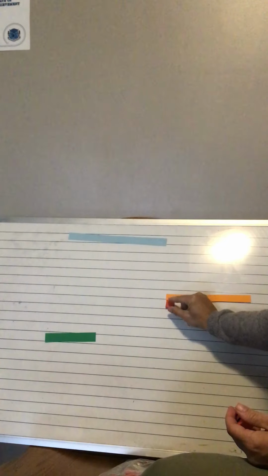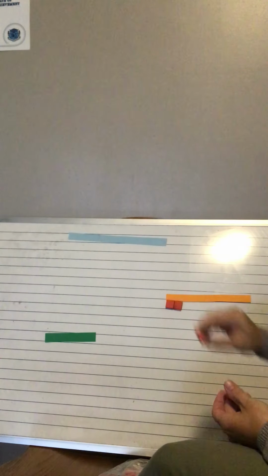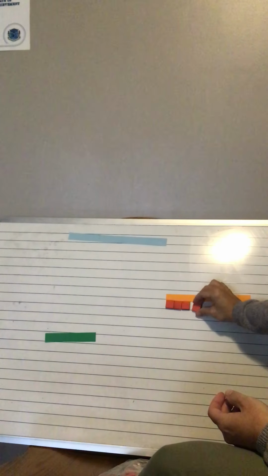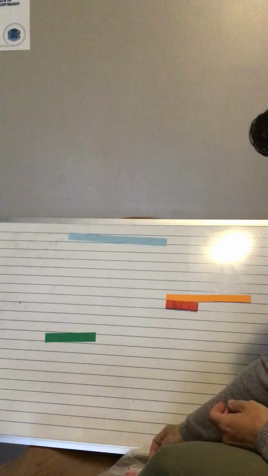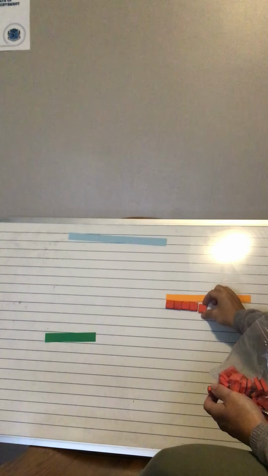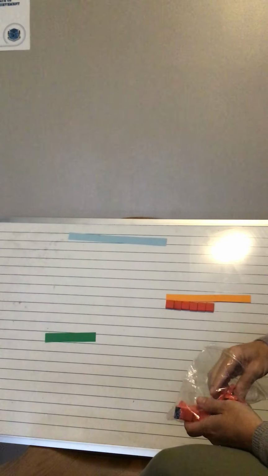Okay, so let's start out over here with our orange one. I'm going to line up the blocks right at the edge of the orange line, and each one that I put up there will line up. We're not going to leave a space between them. We're going to line them up one right next to each other. All these blocks are the same size, so that's how I know I can use them to measure.